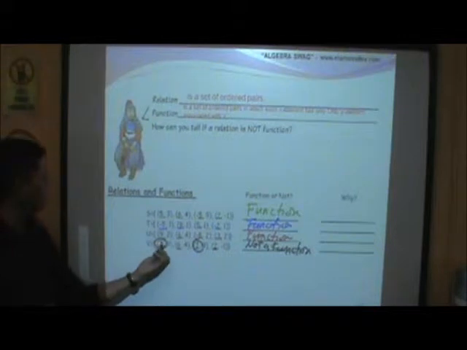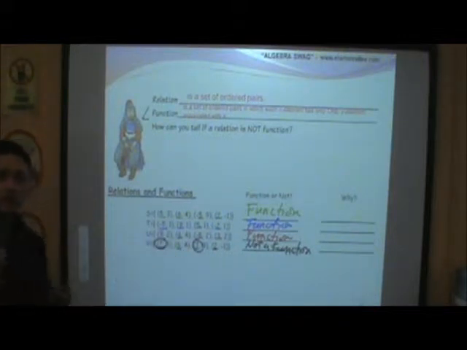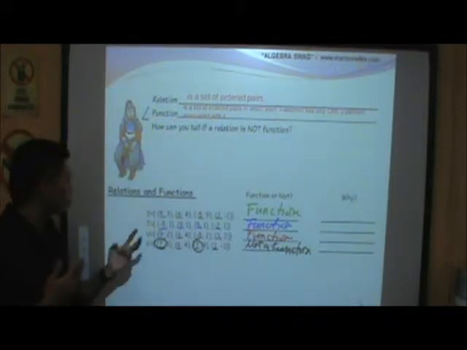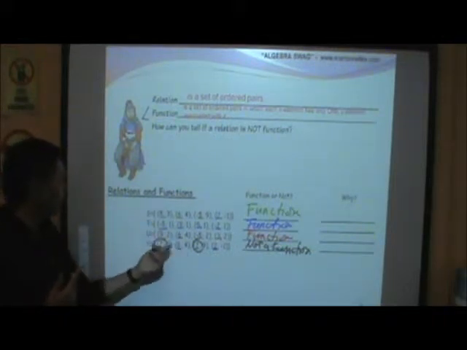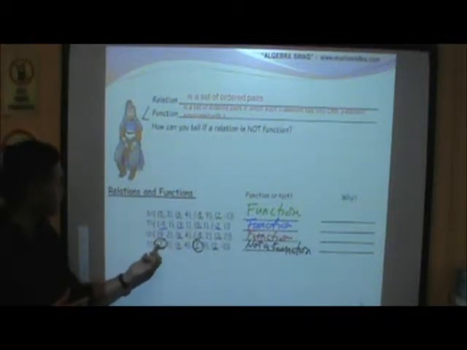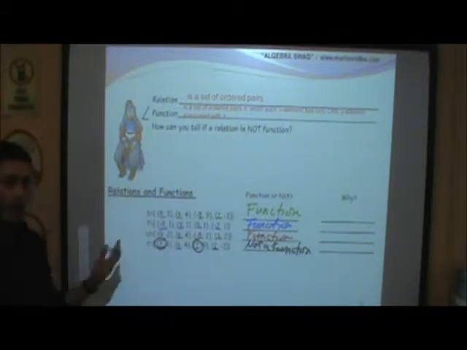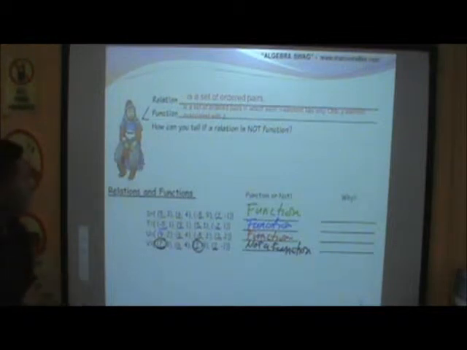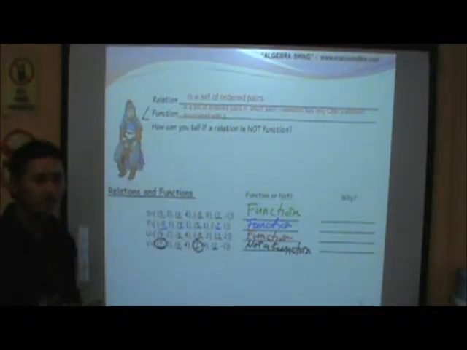Because the domain is repeated. Two of the x values of the domain are repeated: we have 7 and 7. That's how you identify if a relation is a function or not.